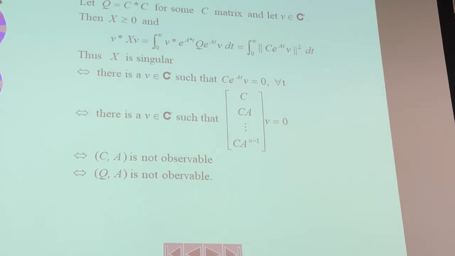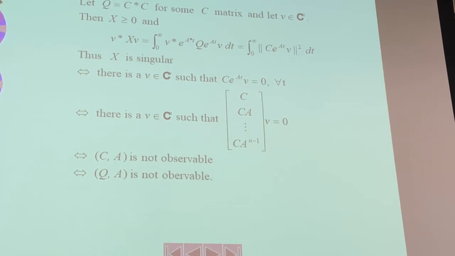So then you can write X in this form, where you split this Q into C star C, so you have a vector times transpose times another vector, which is C EAT V.